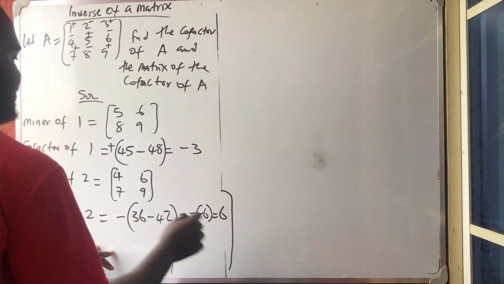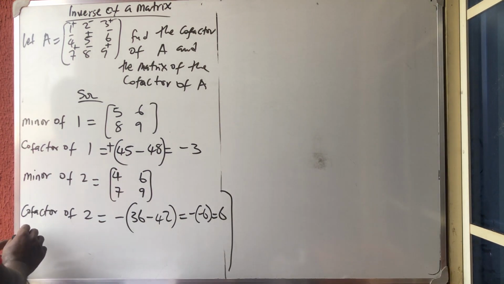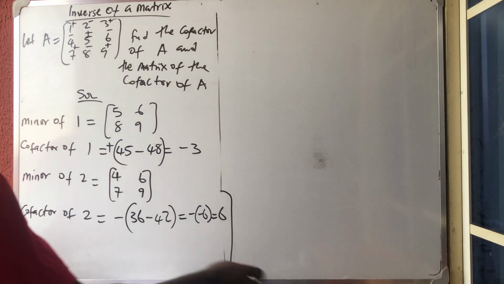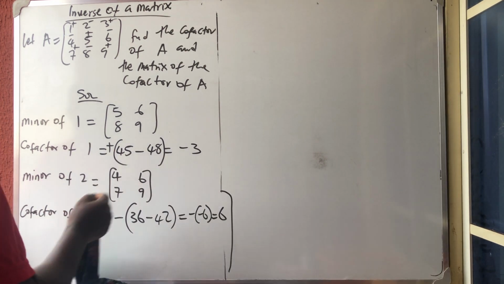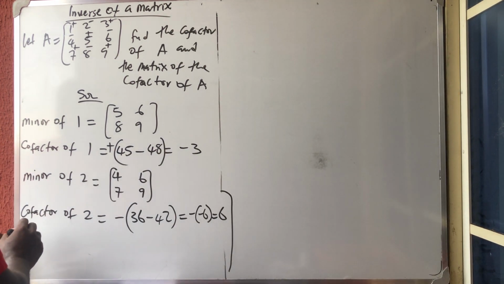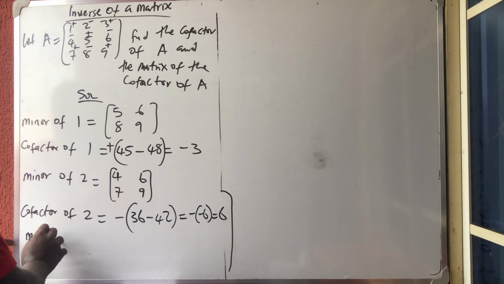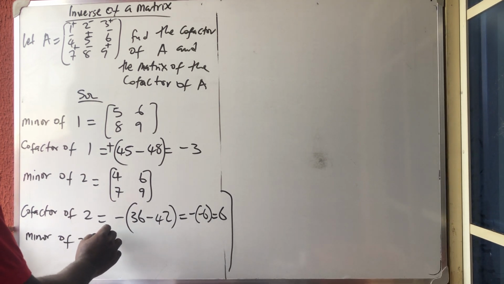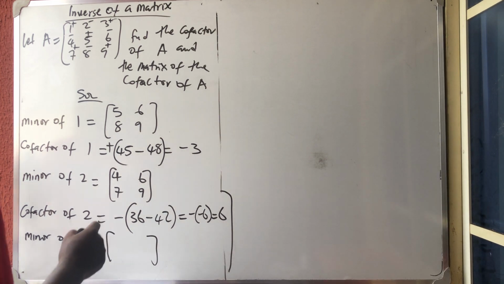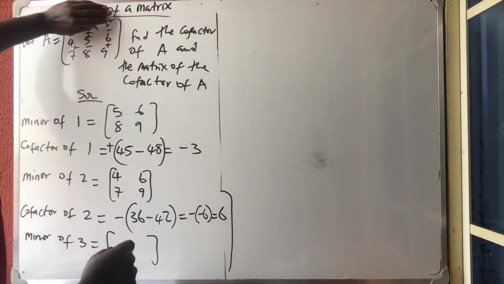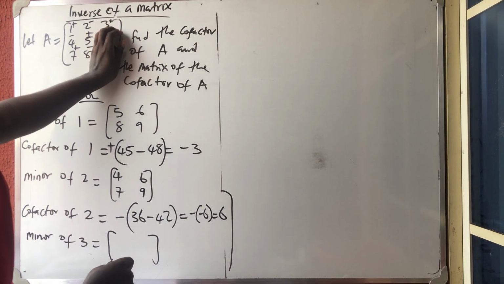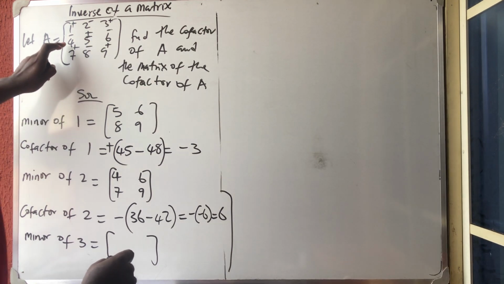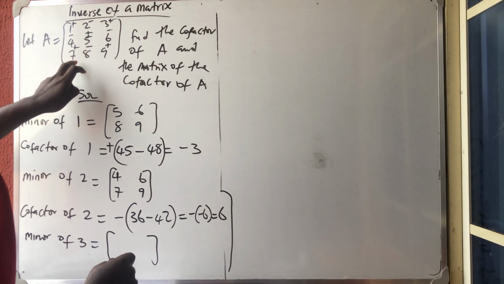So the next one we look at is the minor of 3. Minor of 3 is simply close the row and column that is beside 3. So I'm left with 4, 5, 7, and 8.